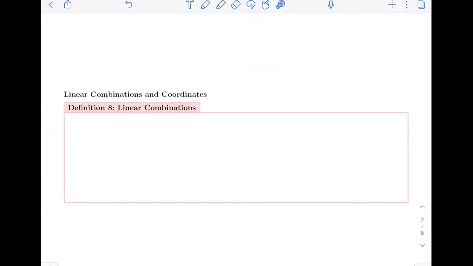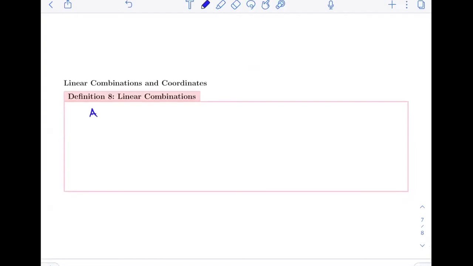The last concept in this particular lecture is called linear combinations and coordinates. If you have a vector that is a sum of scalar multiples of other vectors, that is said to be a linear combination of those vectors. Formally, we have the definition of linear combination.